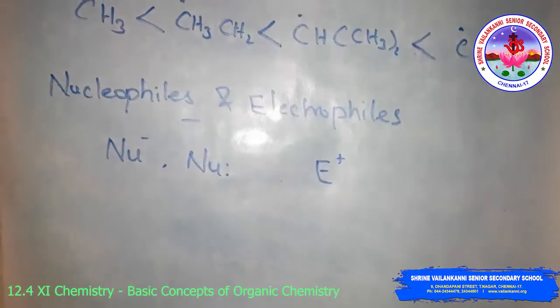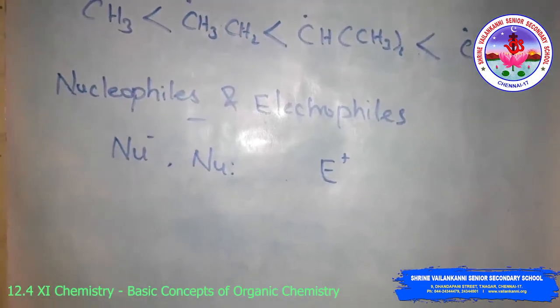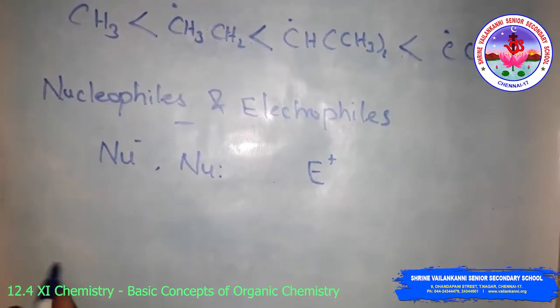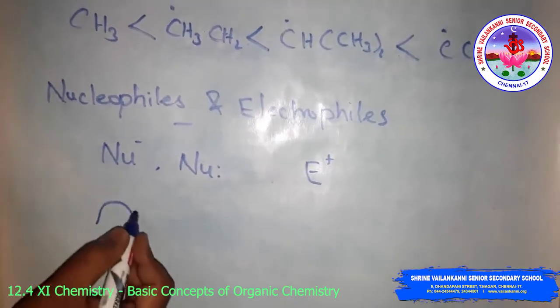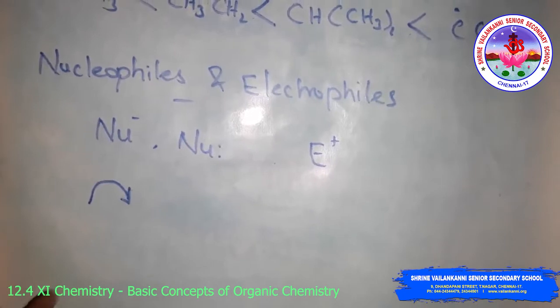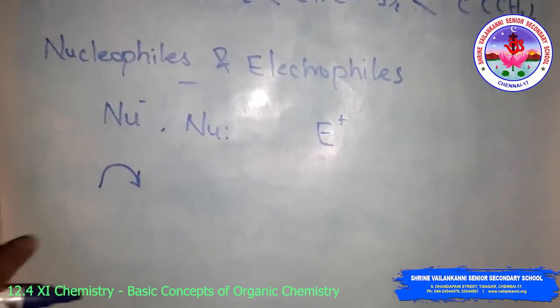The electrophile receives the electron pair from the nucleophile when the two undergo a bonding interaction. So the curved arrow notation like this is used for the movement of the electron pair from the nucleophile to the electrophile.